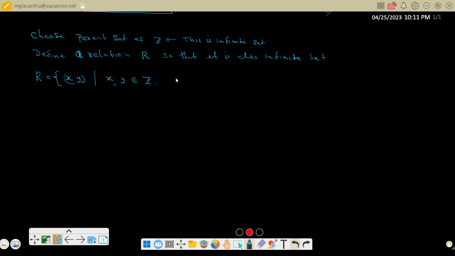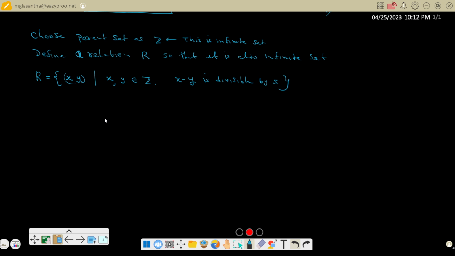So how to define the relation? We discussed many relations. Let x minus y be divisible by 5. This you can very easily prove is an equivalence relation.